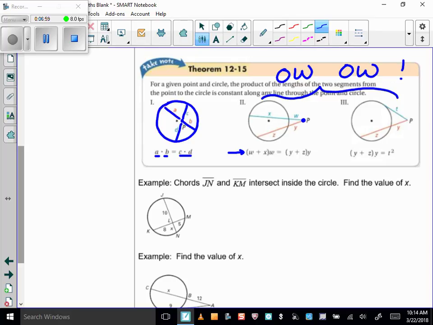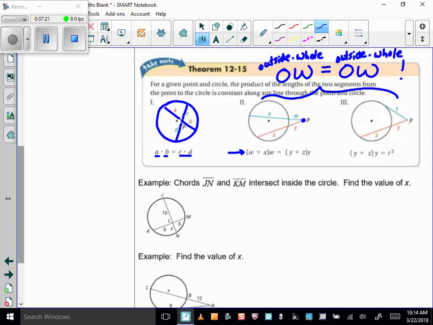Maybe it actually hurts. What this means is that the outside of the segment times the whole segment equals the outside of the other segment times the whole segment. Outside times the whole equals outside times the whole. Ow, ow.